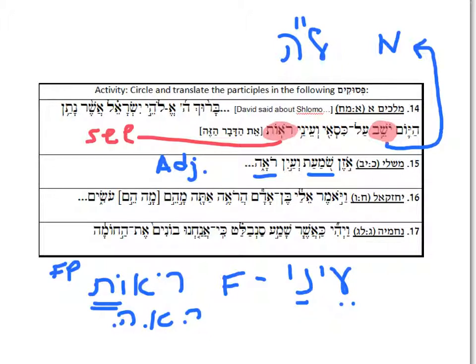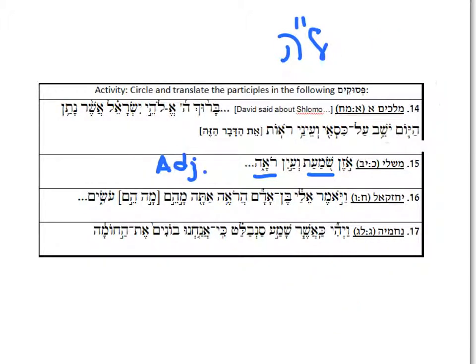In Mishlai, so Mishlai is not going to follow the same formula that we've seen just because it's not a narrative. So we're not going to have the same definite adjectives that we're used to seeing, which is why I told you that these are adjectives. They're indefinite adjectives. So ozen shoma'at and ayin ro'ah. Now, ozen and ayin are both body parts that come in pairs, so they're feminine. So it's no surprise that my conjugation and participles will be feminine.